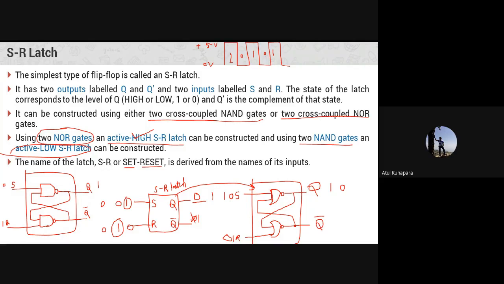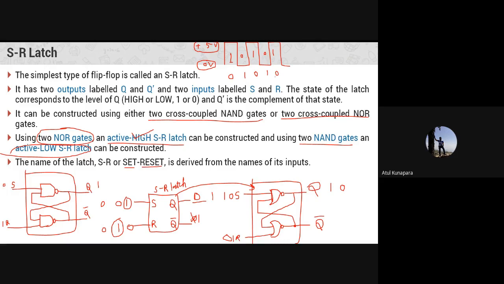So if you are considering plus 5 volt as logic 1 and 0 volt as logic 0, it is called an active high circuit. But if you are referring to the reverse, that means when there is a plus 5 volt, you consider it as a 0, and when there is a 0 volt, you consider it as a logic 1, then it is called an active low circuit.